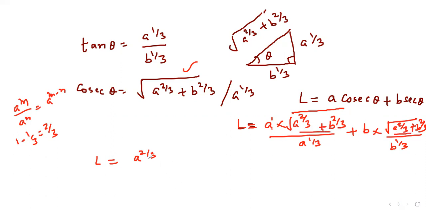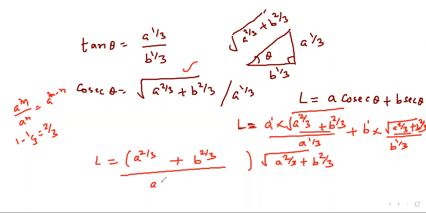So what we can do, we can take common root of a power 2 by 3 plus b power 2 by 3, and then we write here a power 2 by 3. Similarly, b power 1 divided by b power 1/3 will become b power 2/3 whole divided by a power 1/3 into b power 1/3.